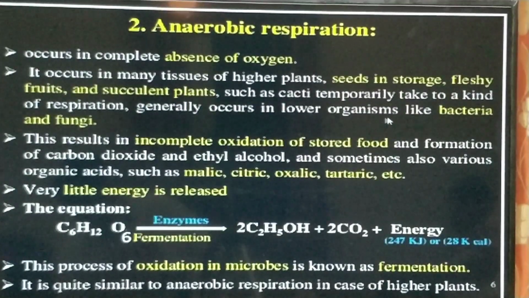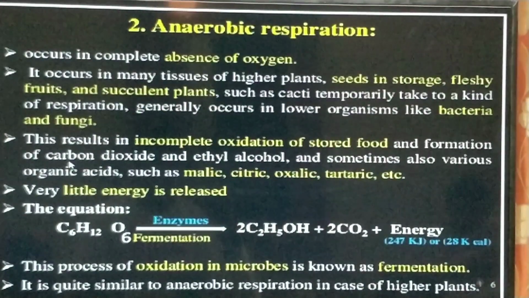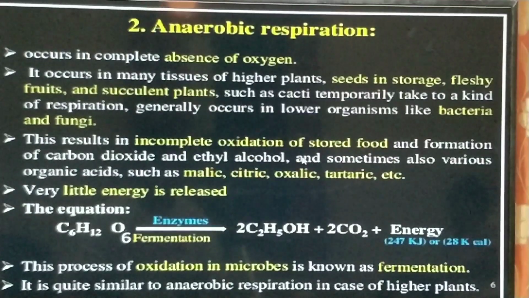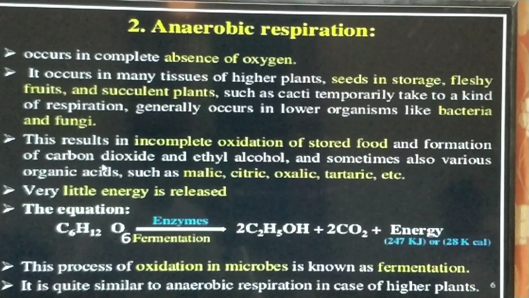It generally occurs in lower organisms like bacteria and fungi. This results in incomplete oxidation of stored food and formation of carbon dioxide and ethyl alcohol, and sometimes also various organic acids such as malic, citric, oxalic and tartaric acids. Very little energy is released.